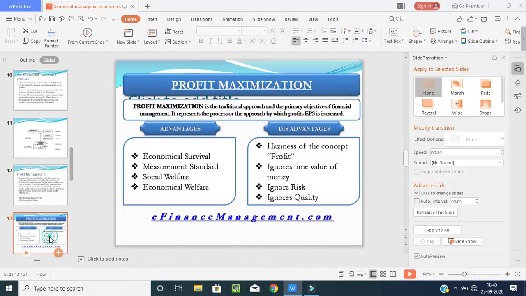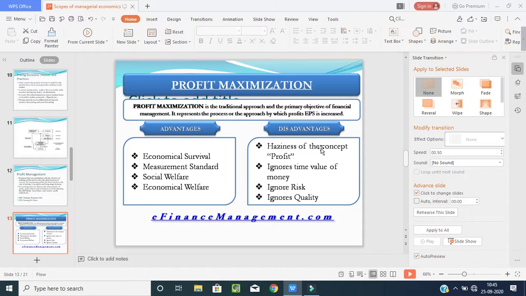So this is very important. The manager should understand how much profit we are getting per unit or per share. Okay, so this is very, very important. Here are the advantages of profit maximization, and here are the disadvantages.